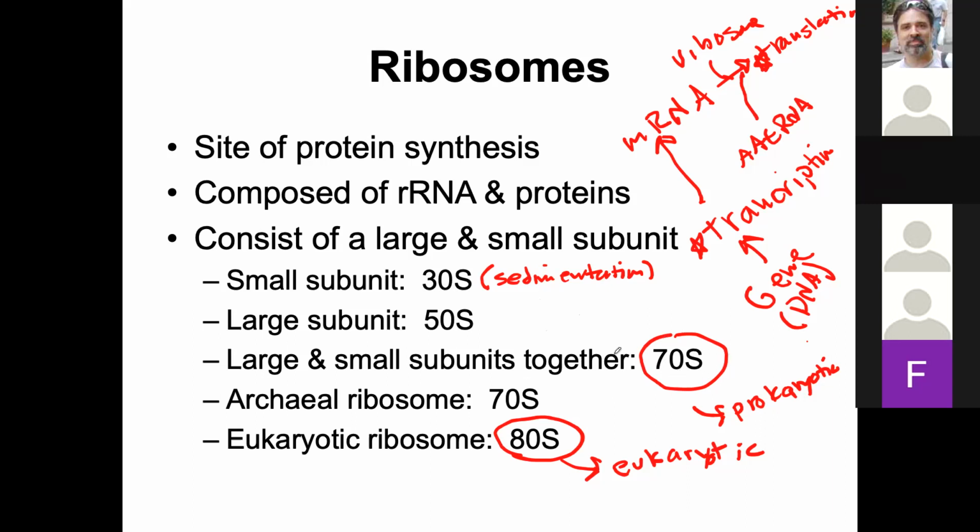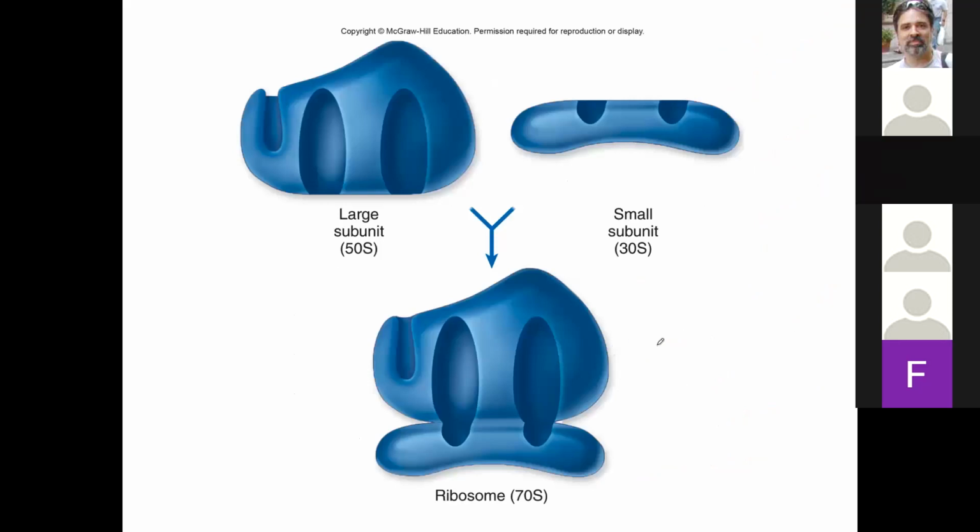You can see what the subunits look like here. Looks kind of like a hamburger bun. Now what goes here? Well, what goes here is transfer RNA. These sites are called the E, the P, and the A site. What goes here is the aminoacyl peptide.